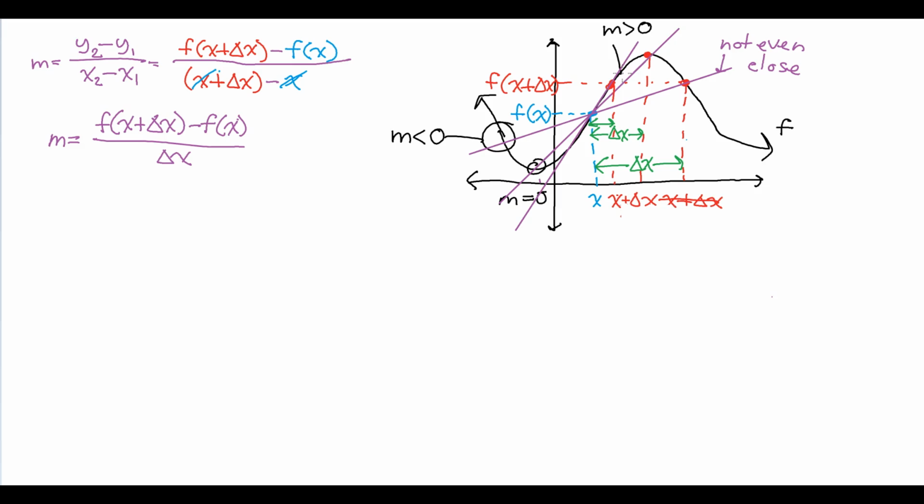However, what are we doing to delta x? We had delta x at a reasonable amount here. However, we're starting to get closer and closer to 0. So why don't we take the limit as delta x approaches 0? So as the red point gets infinitely close to the blue point, what will the slope value eventually turn out to be? What will our slope value turn out to be?